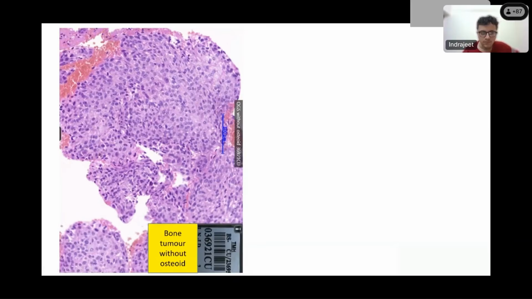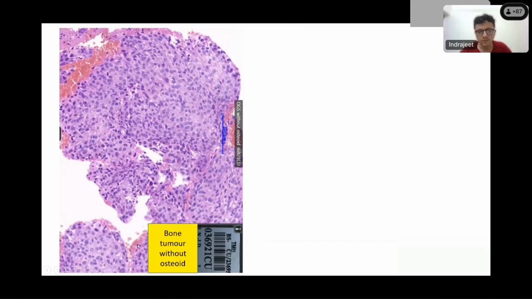With intervening areas of hemorrhage, and we are not seeing any giant cells, ma'am. Is there any matrix? No matrix. The cells are moderately pleomorphic, with some nucleoli. Mitosis I do not see in these fields, and these are aneurysmal blood spaces.